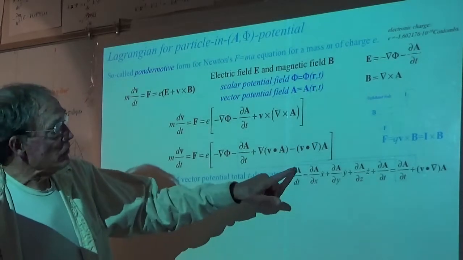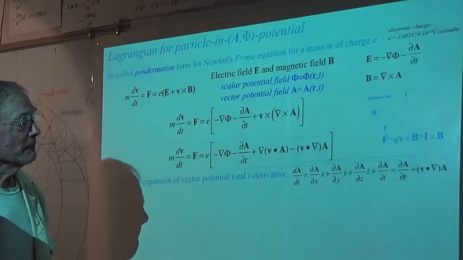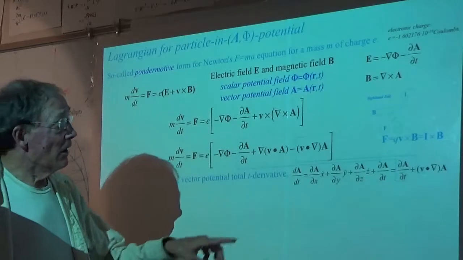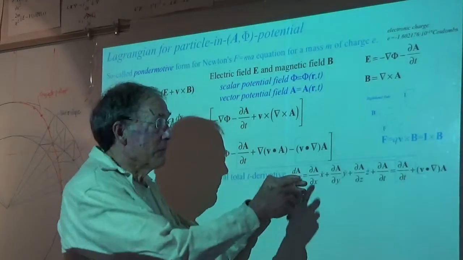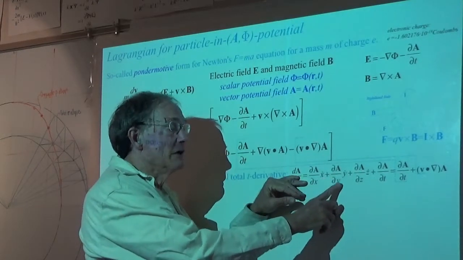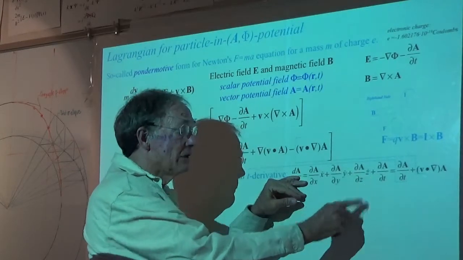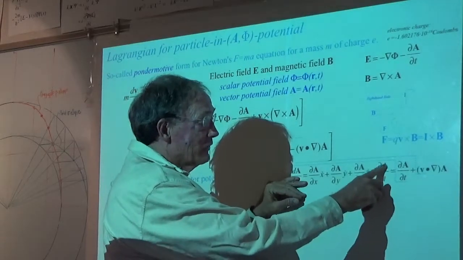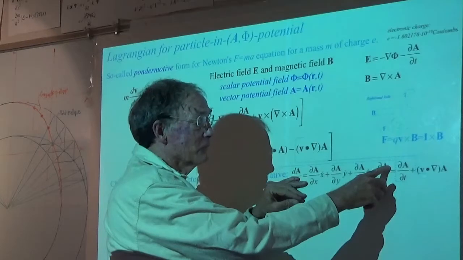The idea that a total derivative of A with respect to time, which includes it being a function, start with the differential dA, is equal to partial A with respect to x dx, and partial y dy, partial z dz, plus the extra term that you need here, which would be partial A with respect to time.